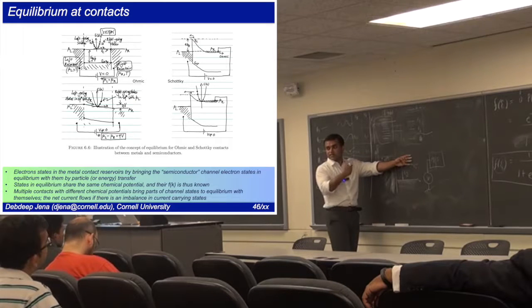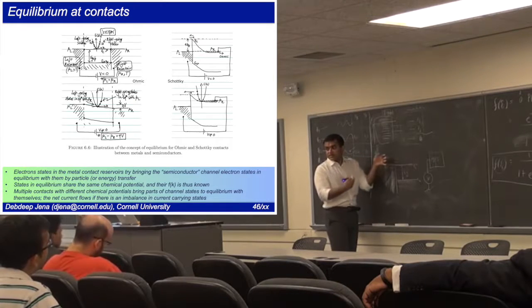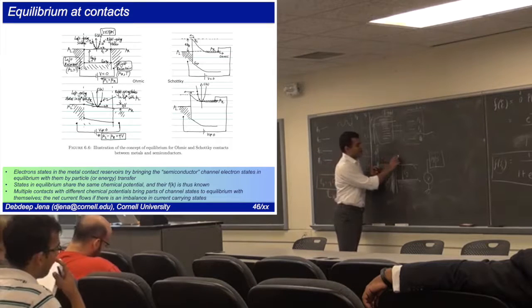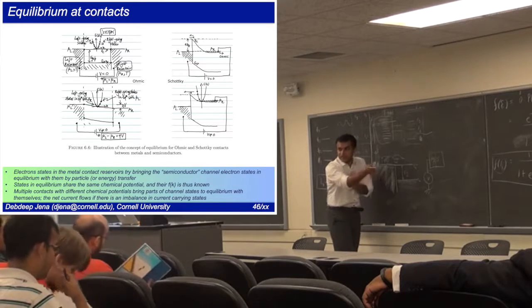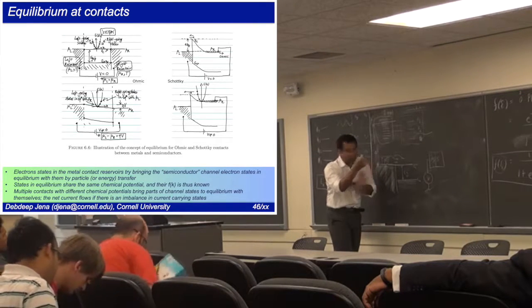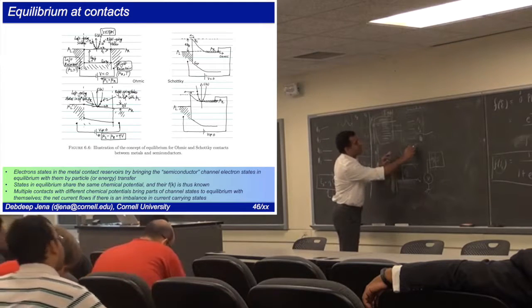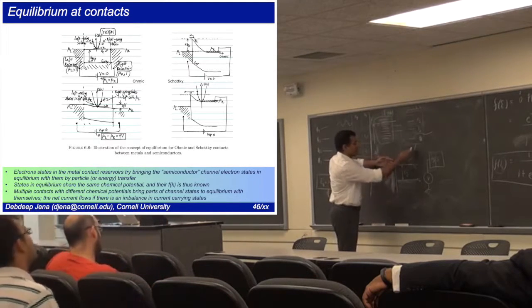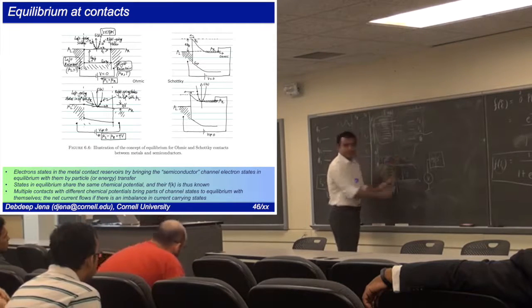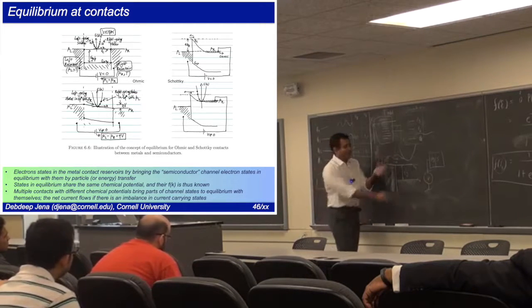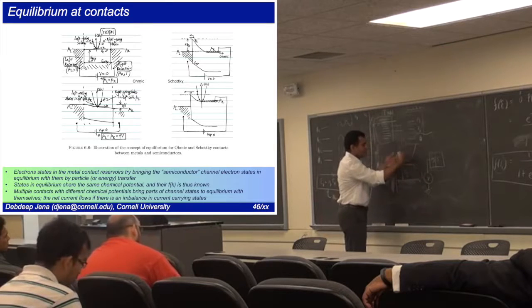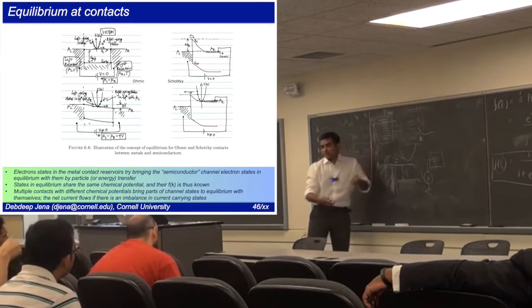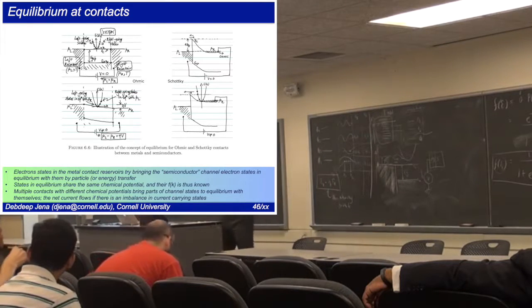You cannot fill the states going to the left, because for an electron to go from the metal into the semiconductor, it has to move to the right with that momentum. So in the semiconductor you will have right-going and left-going states, but with no scattering you can only fill the right-going states from the metal. Then we'll put another contact here, and that can fill left-going states, and that's when you start getting transport. We're going to look at that in the next class.